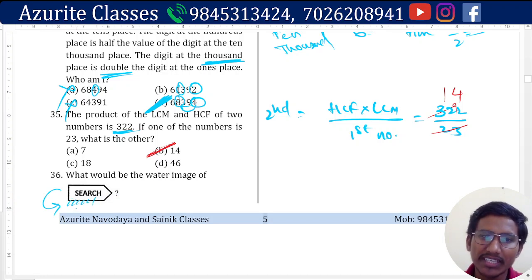S will look different, so S will look like this. E will look the same, A will look reversed. So this is how it will come. R will look like this. Okay, so I will write it here.